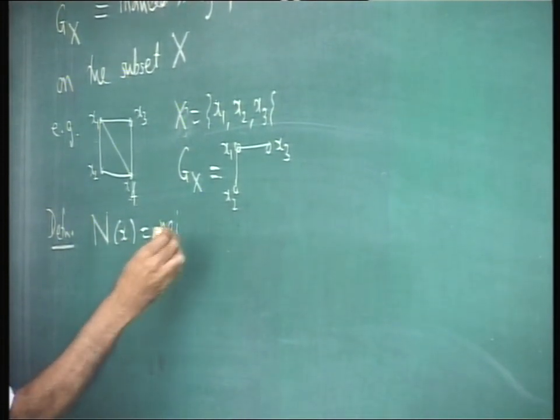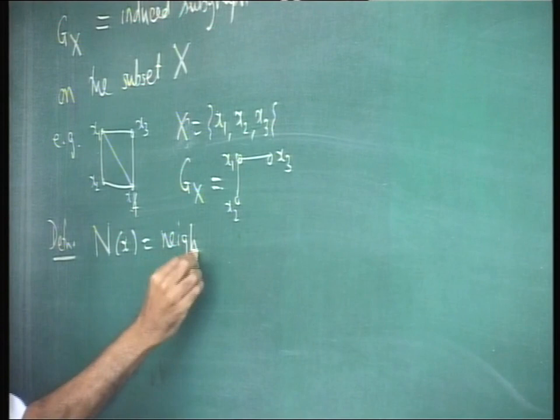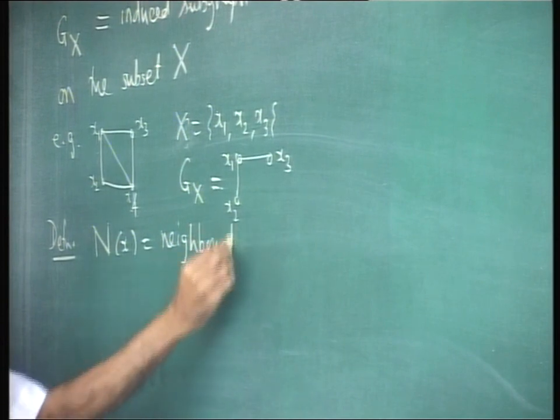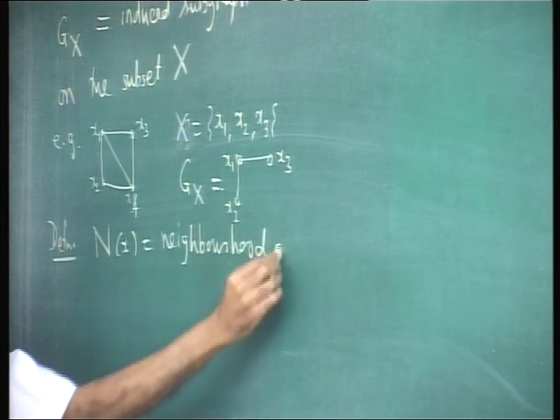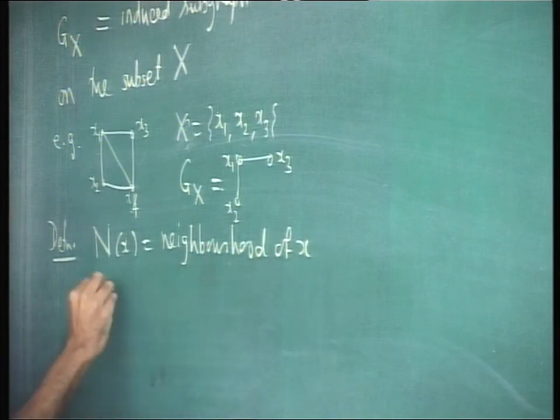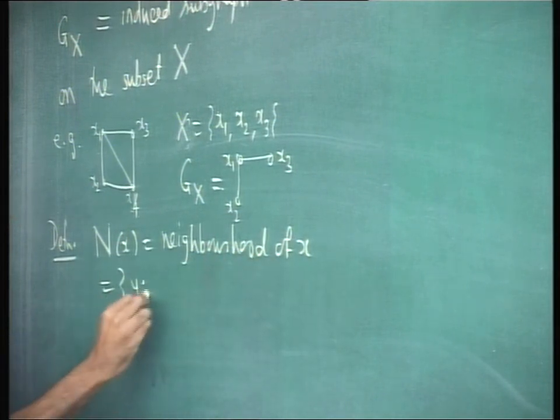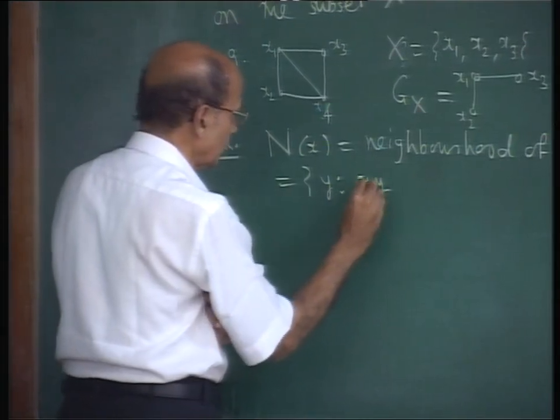Neighborhood of X. This is the set of all the vertices y such that xy is an edge.